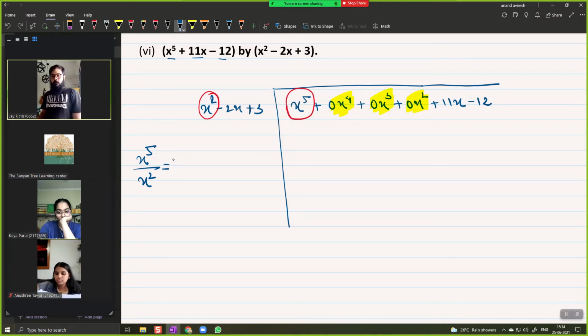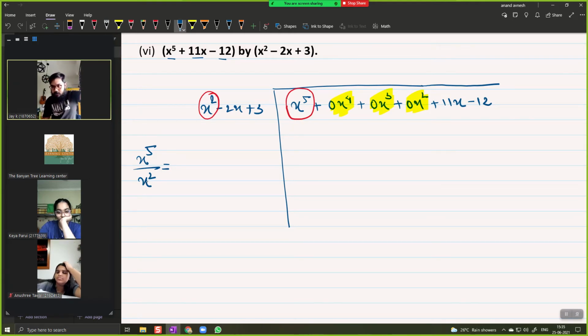Yes, we have to divide. Will the answer come in a fraction?